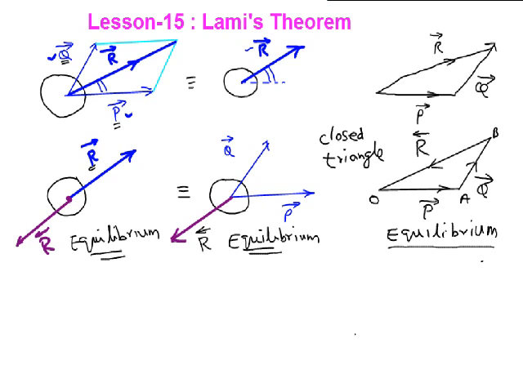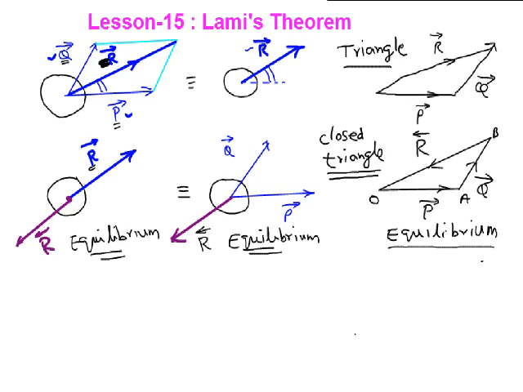In fact, we can see that this force triangle, which more or less forms the basis for us to come to the conclusion that if the forces form a closed triangle, they are in equilibrium, comes from the parallelogram law itself. For example, you are showing that the resultant R is formed as shown over here.